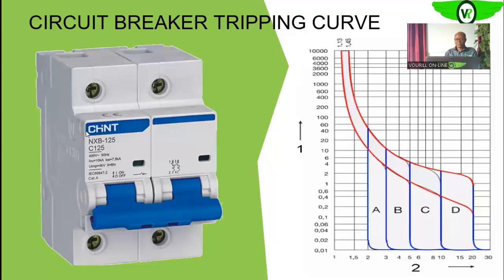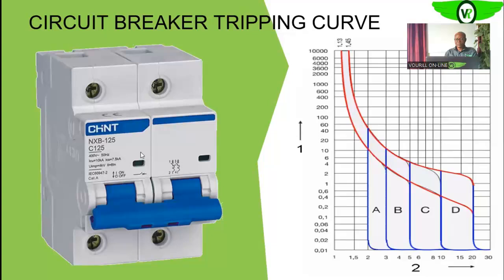So if you use it maybe to protect a circuit that has a motor load, that will trip. Its starting current is up to 10 times, let me say 15 times, the nominal current or the rated current of this particular breaker. What it means is that during startup, this breaker will be tripping anyhow.